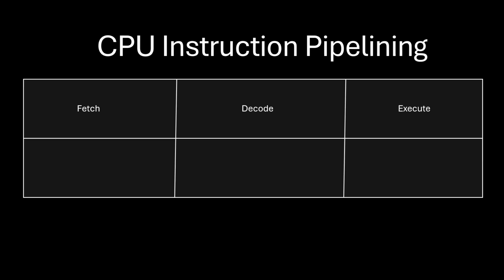So, the concept that I'm using for this multi-threaded rendering stuff comes from CPU instruction pipelining. Back in the old days, the execution of an assembly instruction involved multiple steps. In a really simplified form, we would fetch the instruction from memory, and then we would decode that opcode, and then we would queue that up and execute it.